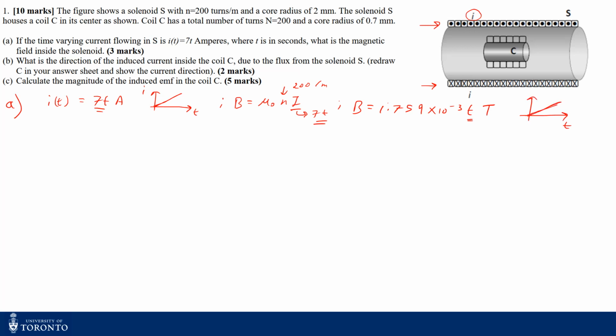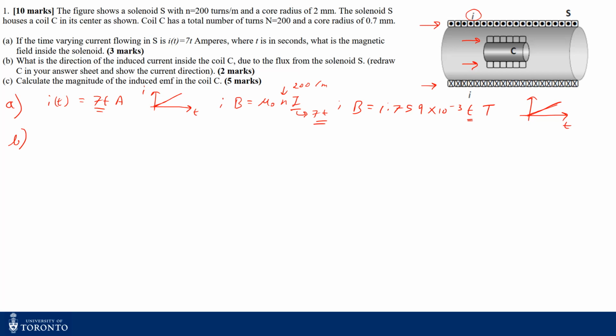This is very important because in part B, they have asked you to find out the direction of the induced current inside the coil. So basically you have to find out the direction of the current for this loop of turns, for the internal coil.